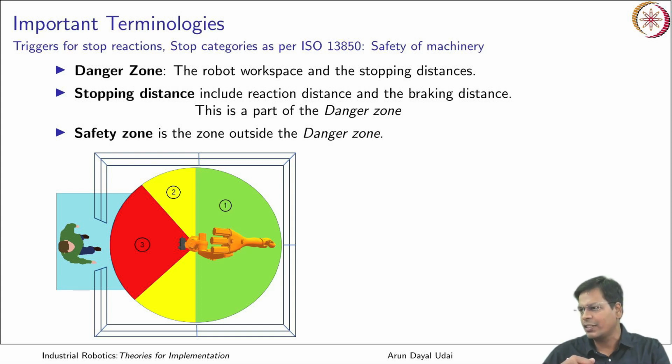That is region 3, which is here, where a human can at least get in, but definitely not when the robot is running. The opening that you see from where the human is entering is shown. There is a gate where you have a safety interlock. If you open that gate, the robot may stop also.